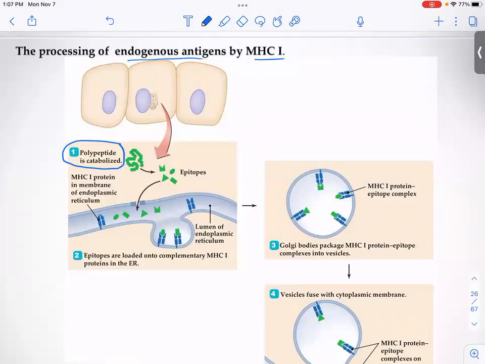And those epitopes, maybe 15 to 20 amino acids in length, tiny fragments of proteins, find their way into the rough endoplasmic reticulum. That is where the MHC glycoproteins get expressed, on the inside, the lumen of the rough ER.